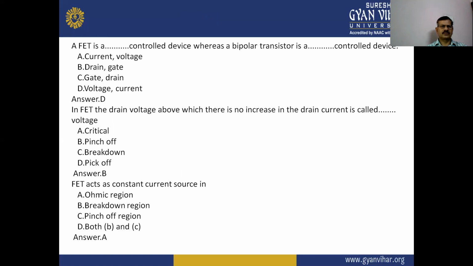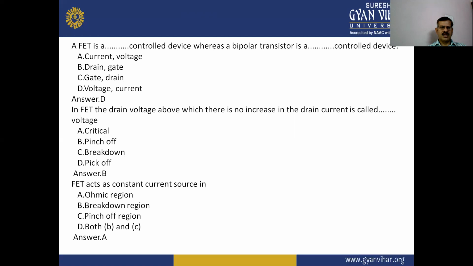Next question. A FET is a dash control device, whereas a bipolar transistor is a dash control device. Option A, current and voltage. Option B, drain and gate. Option C, gate and drain.